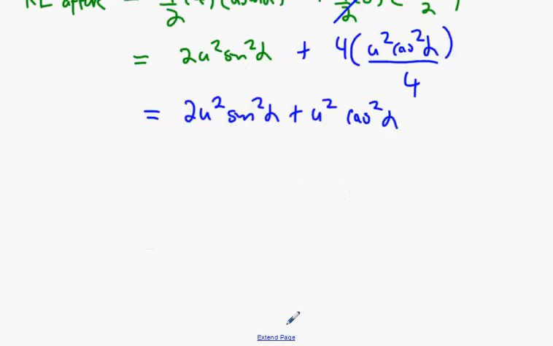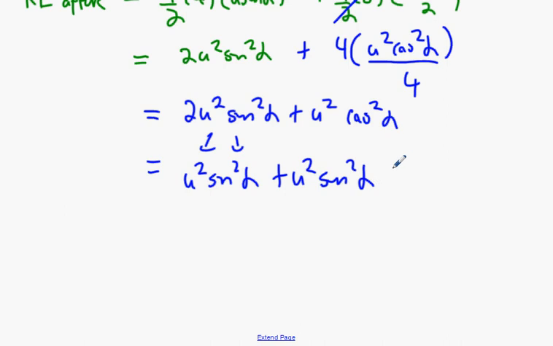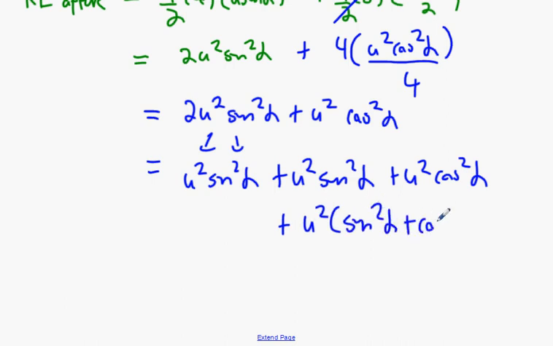Anybody find a way how we might reduce that down a little bit? I can break this up into what? U squared sine squared alpha plus u squared sine squared alpha plus u squared cos squared alpha. And you see the way I can factorize the sine squared alpha and the cos squared alpha? What's that going to turn into? 1.